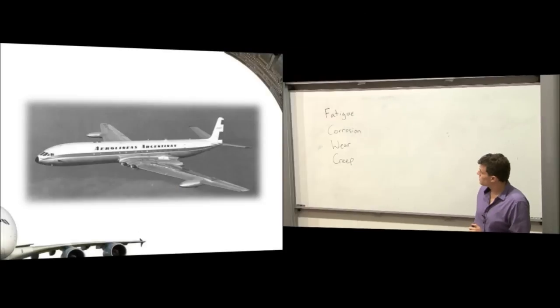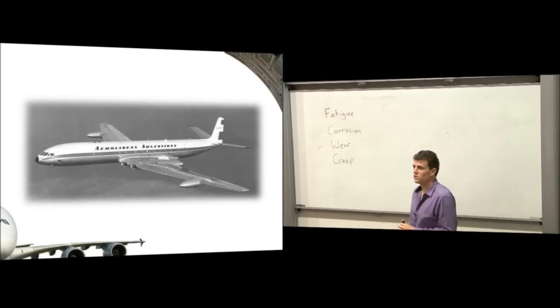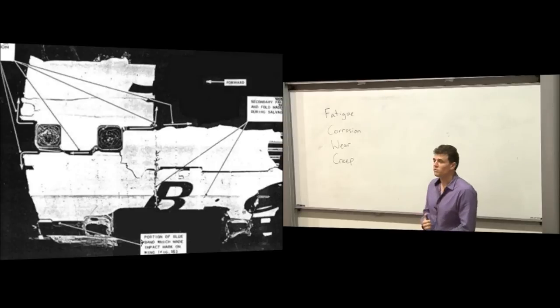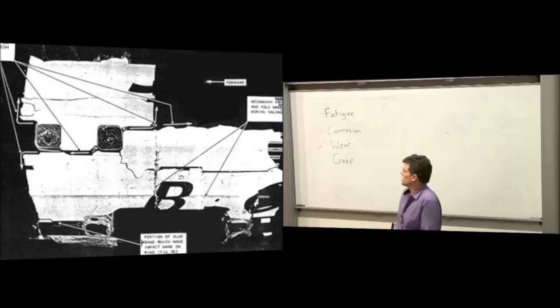So fatigue. Can anyone tell me what this aircraft is? Comet, yeah. If anyone has done any kind of aerospace history, we really learnt about fatigue from an aerospace perspective through this aircraft. The reason we learn about it through this aircraft is because a bunch of them fell out of the sky in bad weather, and it was a revolutionary plane for its time, and everyone thought it was the greatest thing since sliced bread.